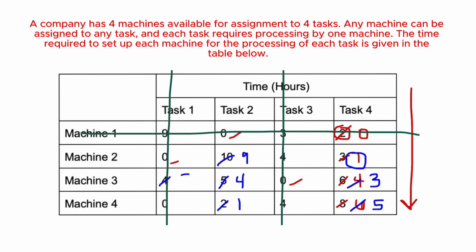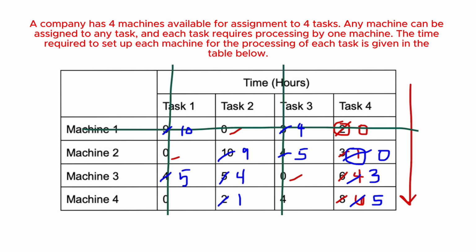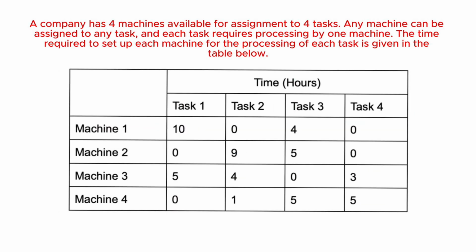Then after this, the same number will be added to any numbers lying at the intersection of the horizontal and vertical lines. Now that we have done all the revisions, we will now have table number 3.